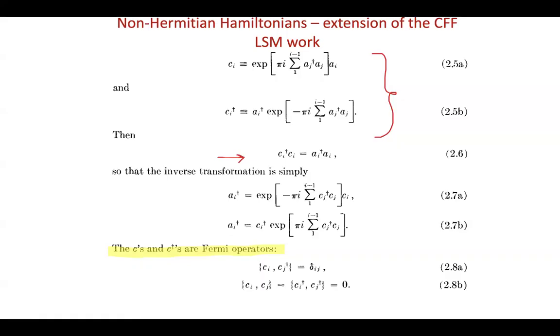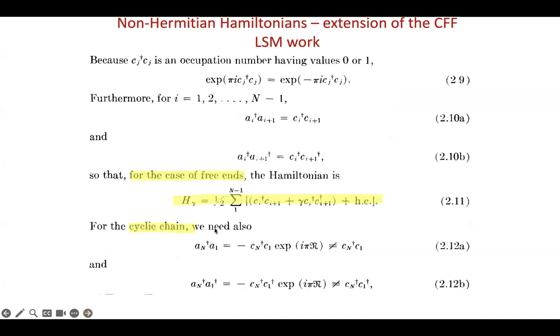And here you get pure Fermi operators. The anti-commutator of C_i and C_j dagger is delta_ij, and otherwise they are 0. No problem, pure fermionic operators. But now the Hamiltonian acquires this form.